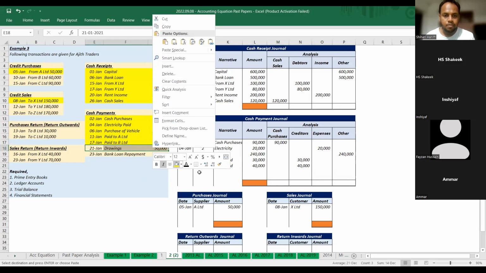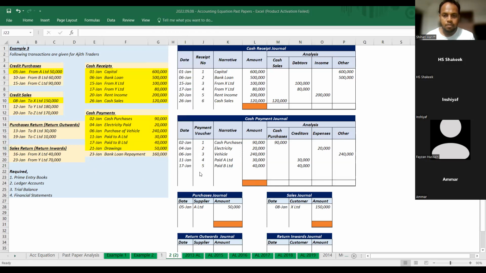Drawings, other 50,000. Bank loan repayment.